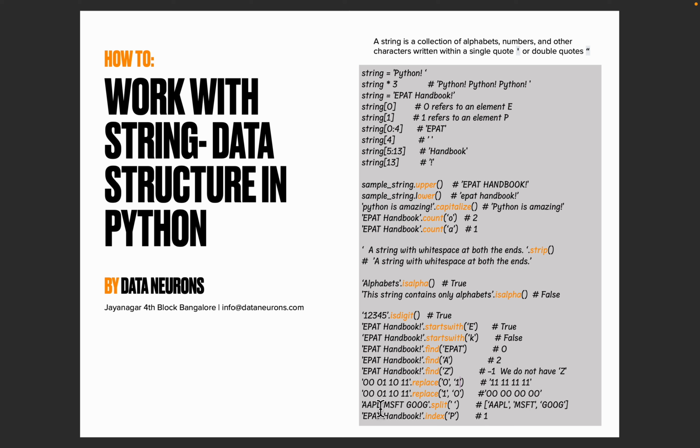If you have a string separated by spaces and you want to convert it to a list where each word is separated by a comma, then you call the split function, and inside that you don't pass anything. And if you want to find the index of the p character in the textbook, you get the index of p, and the output will be 1.